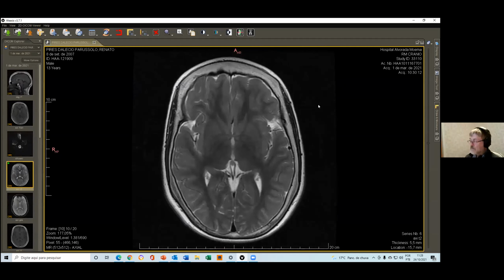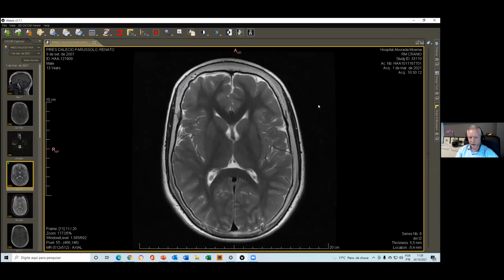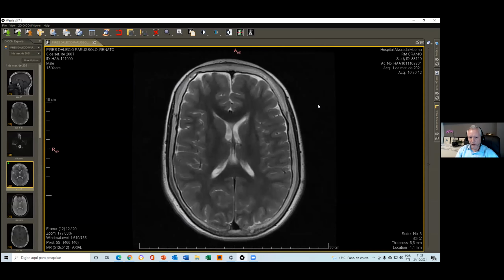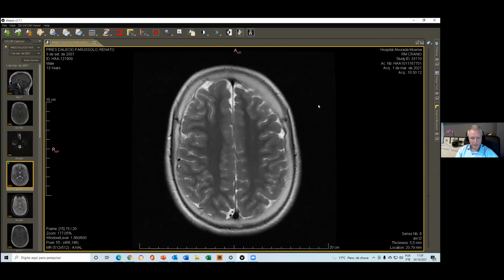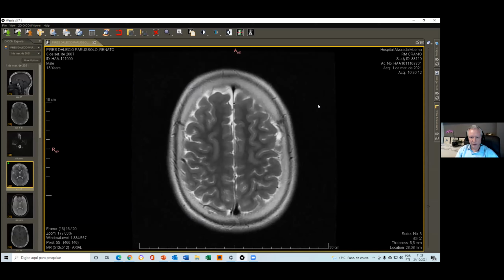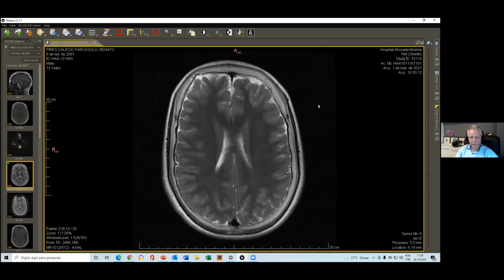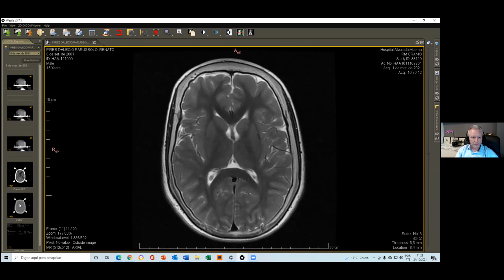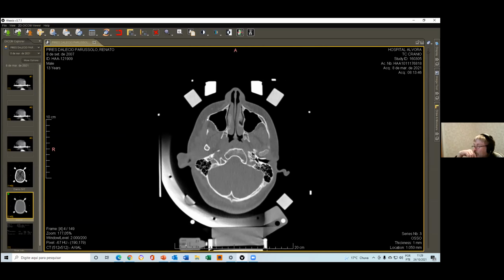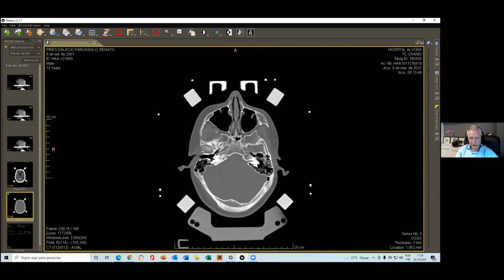He had no lesions, no major atrophy, no major anatomical or structural damage. As part of the procedure, after we placed the frame, he went for a stereotactic CT to be fused with his pre-op MRI.